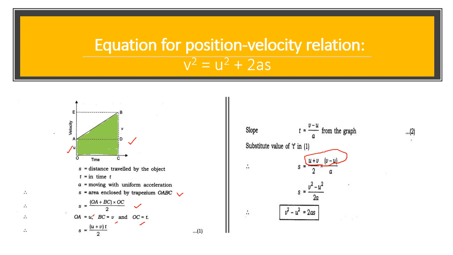So V squared minus U squared divided by 2A. V squared minus U squared is equal to 2AS. You can write V squared equal to U squared plus 2AS. This is your third equation, that is position velocity relationship. We are relating the position as well as the velocities. So study these three derivations carefully.